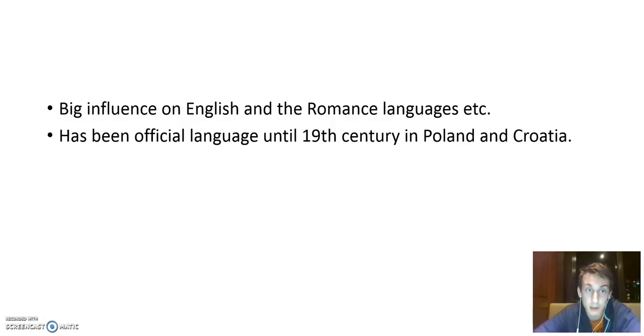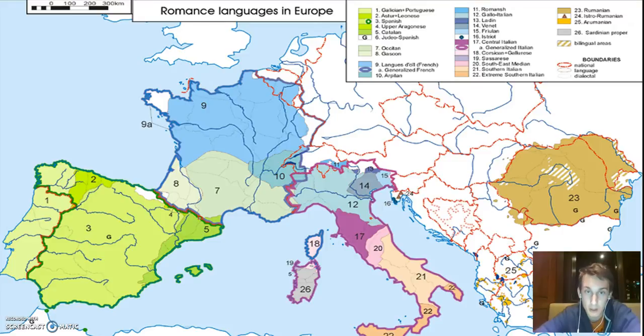And the Latin language was the official language of Poland and Croatia until the 19th century. It's important information to help us understand why the Latin language is so important and how big its effects have been. This is the graphic of Romance languages in Europe.